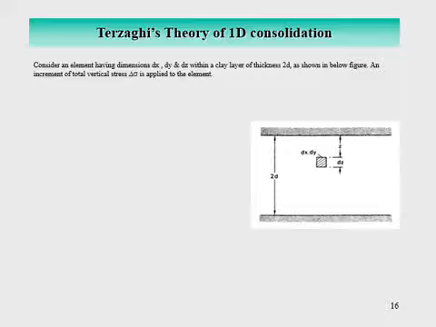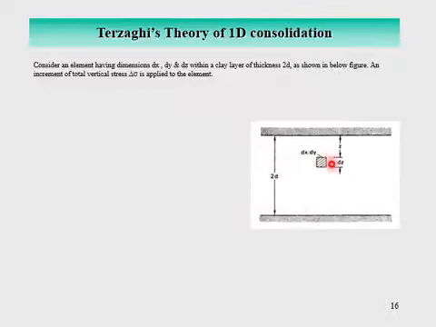For the derivation, you see this is a clay layer of thickness 2d, and you know that d is the drainage path because the layer is sandwiched between two free draining boundaries. The longest drainage path is half of this, so the longest drainage path is equal to d.